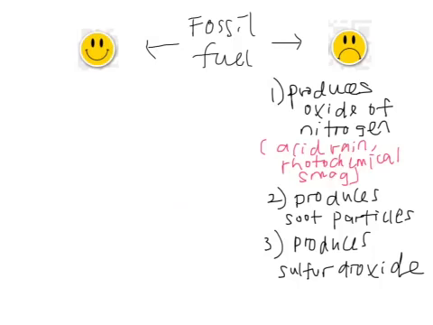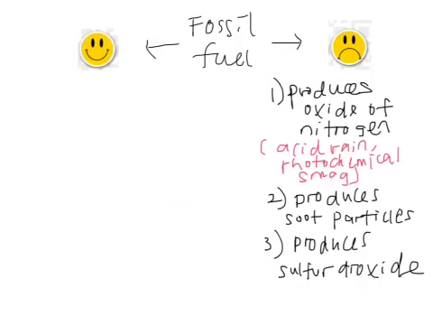Right, you can see the various disadvantages that are brought about by the fossil fuels, but why do you think we humans are still using it as our main source of fuel? Why is it so? Because surely there are advantages. And the advantage of using the fossil fuel is really simple.